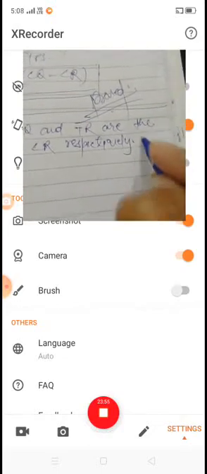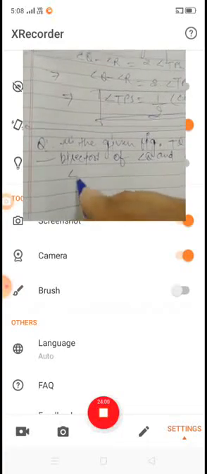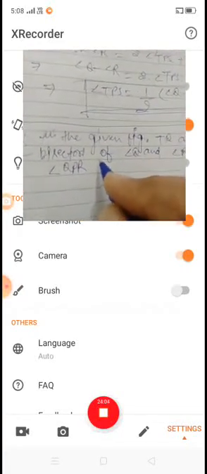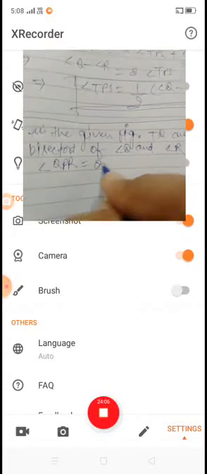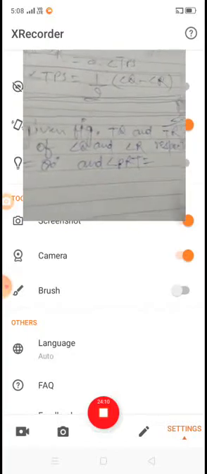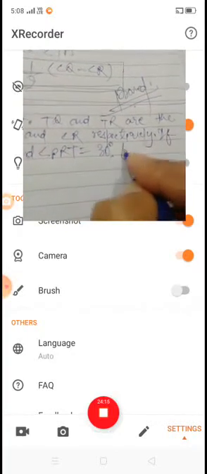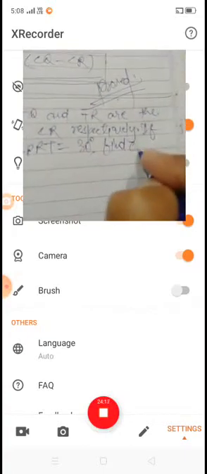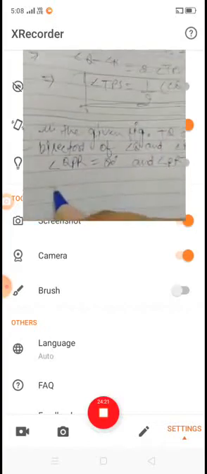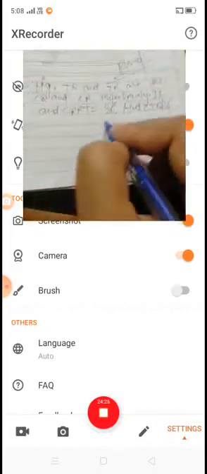If angle QPR is equal to 80 degrees and angle PRT is equal to 30 degrees, find angle PQR and angle QTR.